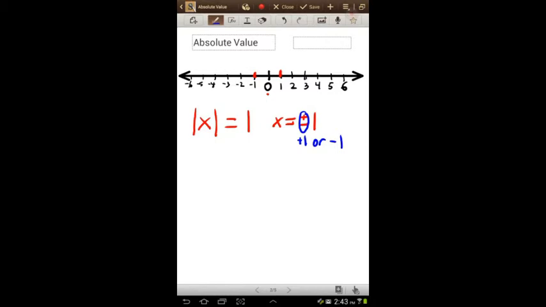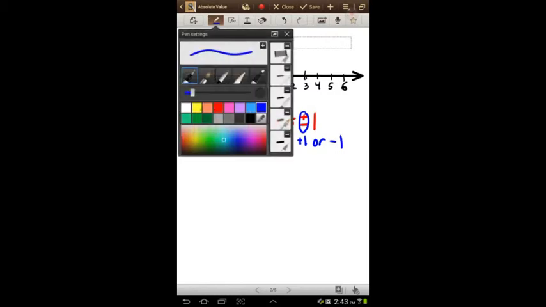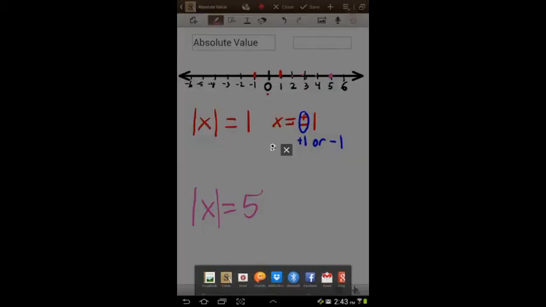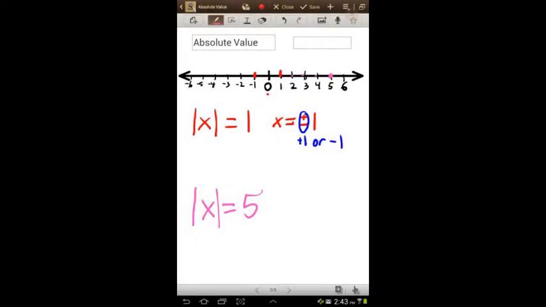Okay, well, let's see what happens. Let's do pink. Let's say our unknown this time is 5. Well, from 0, 1, 2, 3, 4, 5. And if I go the other way, 1, 2, 3, 4, 5, could be negative 5.